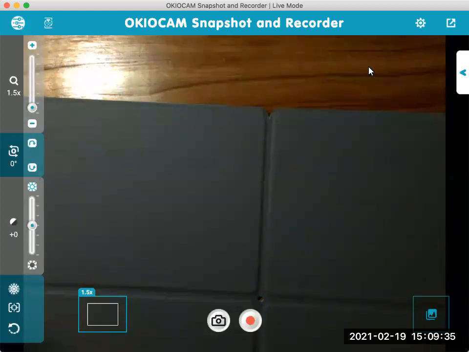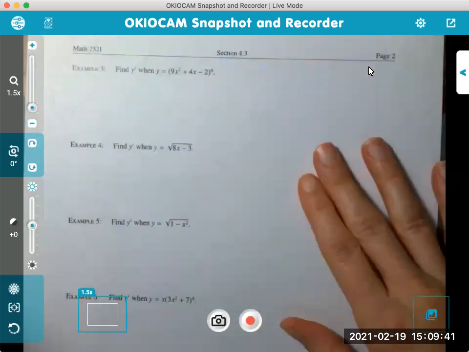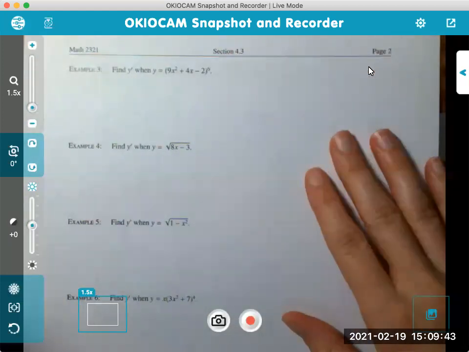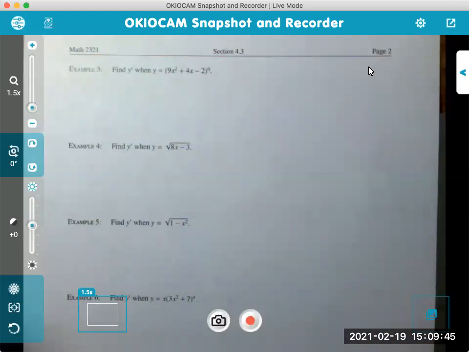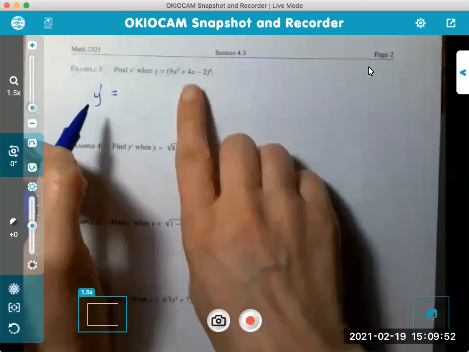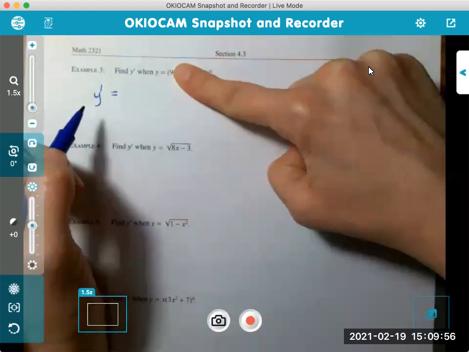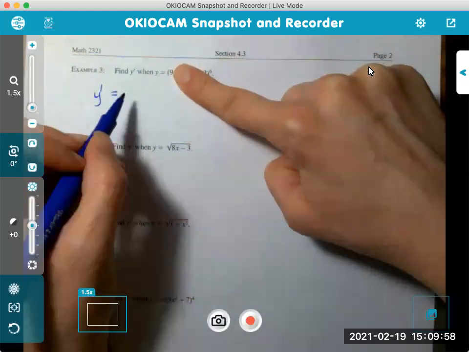So now, realistically, all the rest of the notes are just a lot of examples. Find the derivative when y equals (9x squared plus 4x minus 2) to the 6th. So y prime, remember I like to cover my finger over the inside. Remember, you're only dealing with the outside thing first. So typically that's power rule.